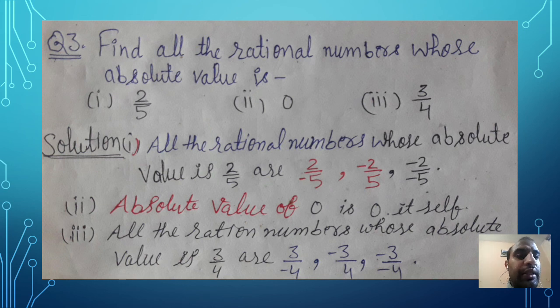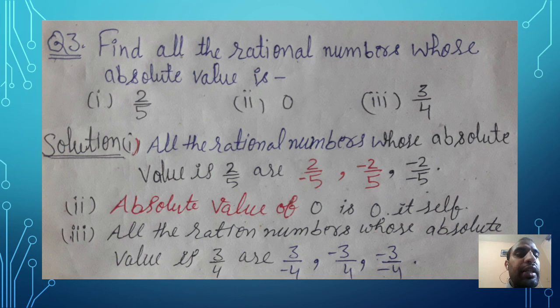All the rational numbers whose absolute value is 2 upon 5. So those are 2 upon minus 5. First put the minus sign in the denominator, then in the numerator, and then in both. You can even write the number itself, that means whatever number we have, we can write that also here, 2 upon 5.